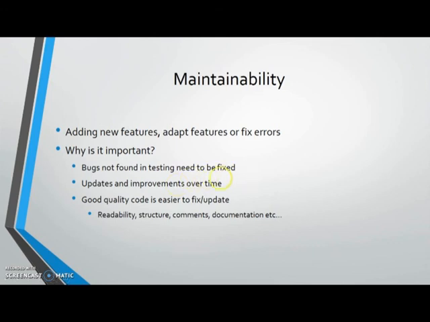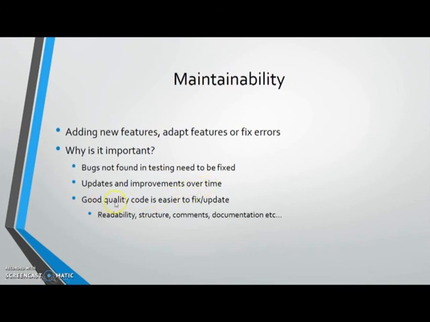It might be that the users have more requirements, things that they didn't need to start with. You've got to keep up perhaps with the competitors. So there are lots of reasons why you might want to update and make improvements over the lifetime of a piece of software. And again, its quality in terms of its maintainability is really important for these things.